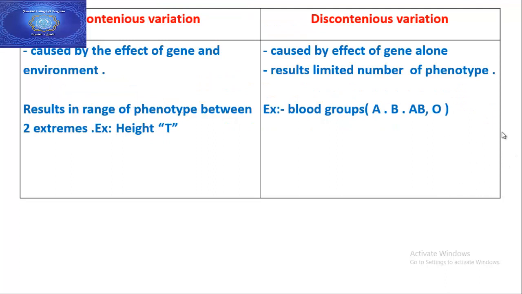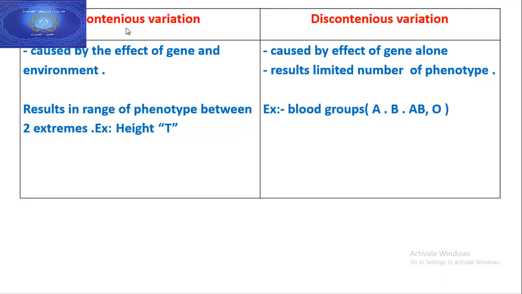The other two types of variation are continuous variation and discontinuous variation. From the meaning, continuous means it will not stop; it will take time to stop. For example, you know that at the age of 18, your growing starts to become very, very slow.